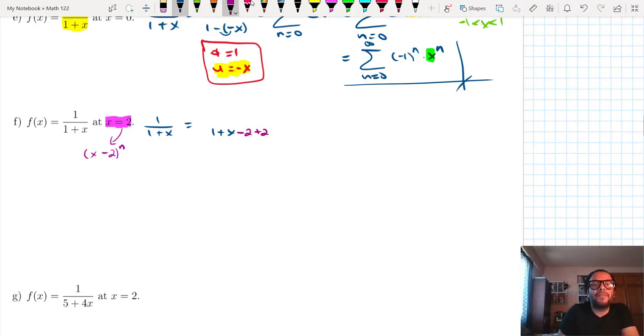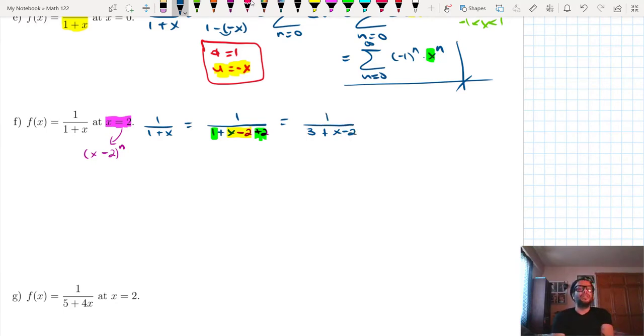I'm going to add that. It's like adding 0. So I'm going to keep this as a single term, and I'm going to combine these two together. So 1 plus 2 equals 3. So this is 3 plus x minus 2. Okay, so that's the first trick we do.